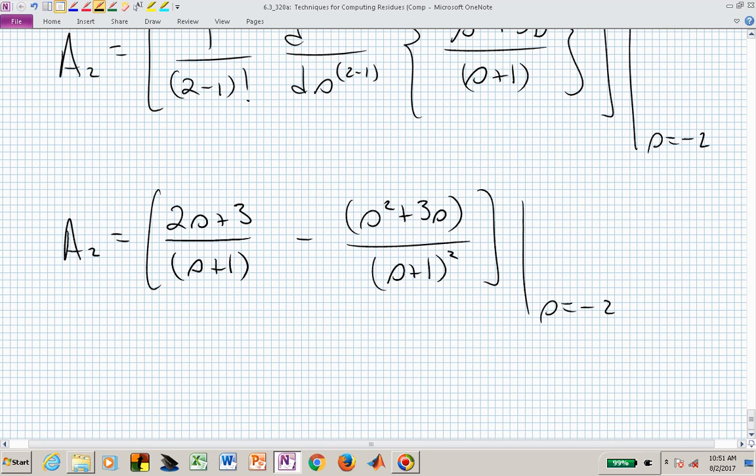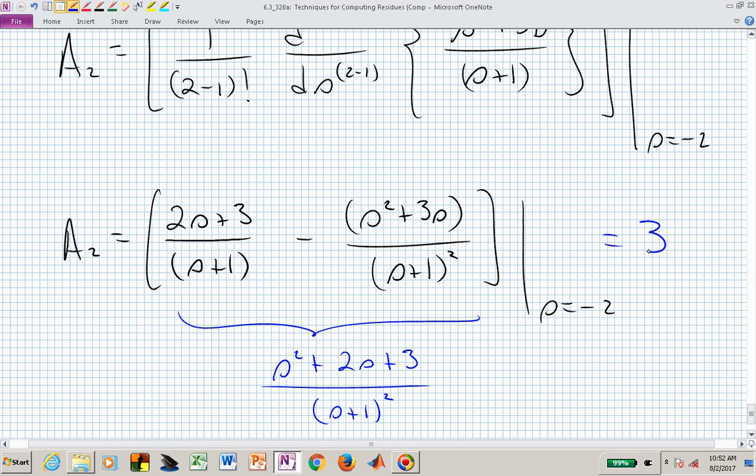Which, if we simplified this, I think we would end up with something that is now potentially, if we put all of these pieces together, we would end up with s squared plus 2s. If we found a common denominator, which is s plus 1 squared, and now we evaluate that at minus 2, we should end up with a sub 2 equaling 3.